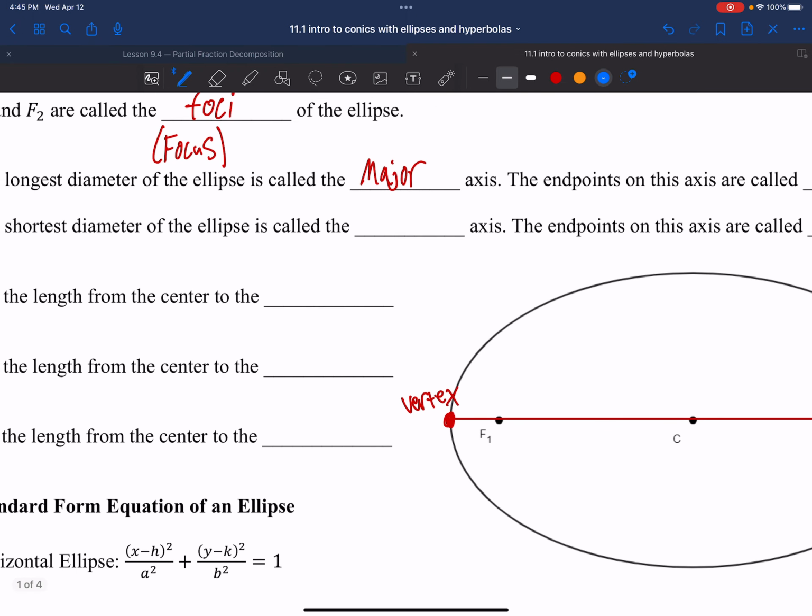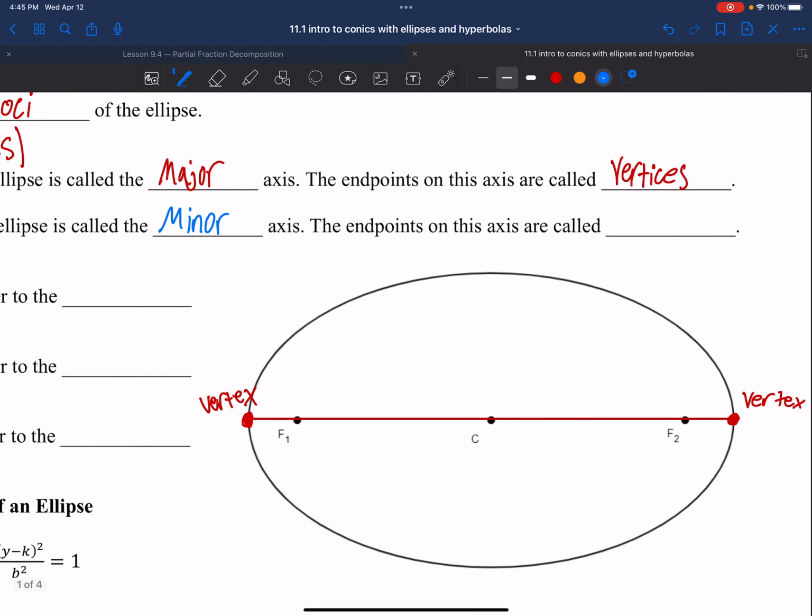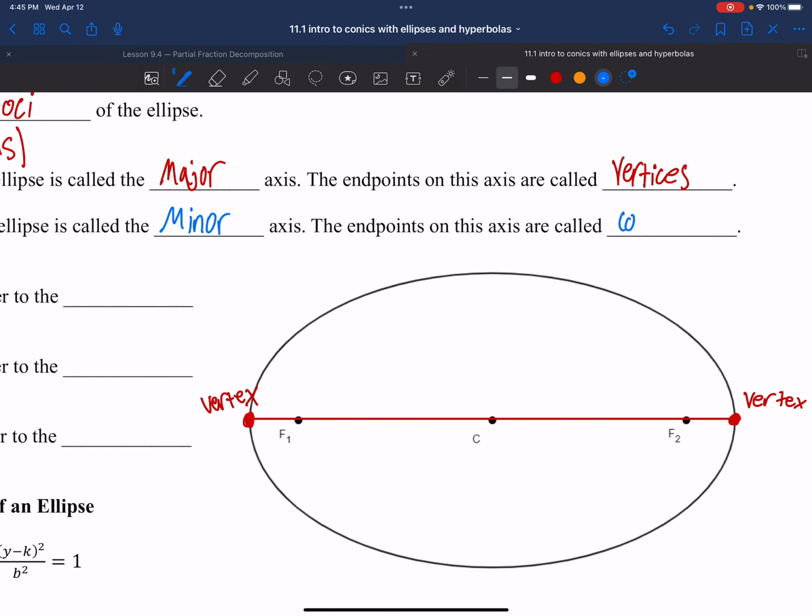Now, the shortest diameter, well, if major is the longest, then minor would be the shortest diameter of the ellipse. And the endpoints on this axis are called co-vertices. So they're basically vertices, but they're not the main ones. So I've got my co-vertex here joined through this diameter, like so.